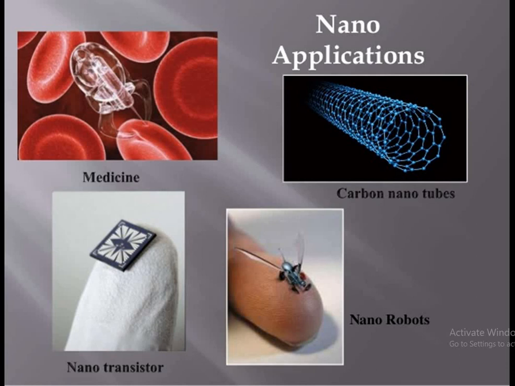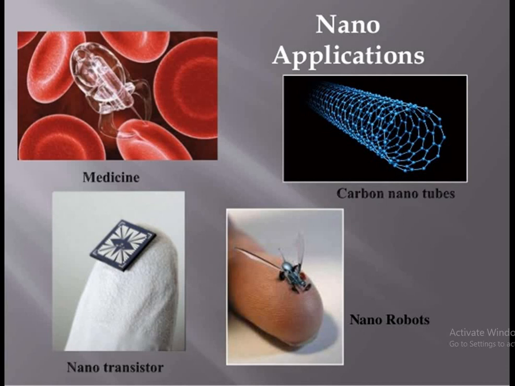So friends, this is just the introduction to the manufacturing process. In the coming lecture, I will show you exactly how nano manufacturing is going on with the help of some videos. In this lecture, I have just given the introduction regarding nano manufacturing.